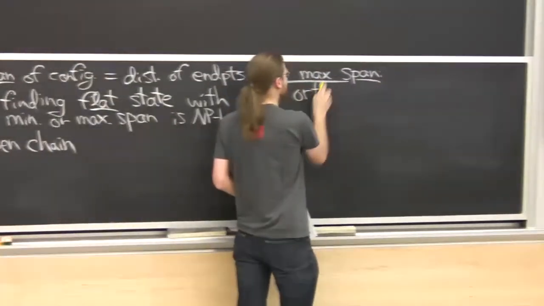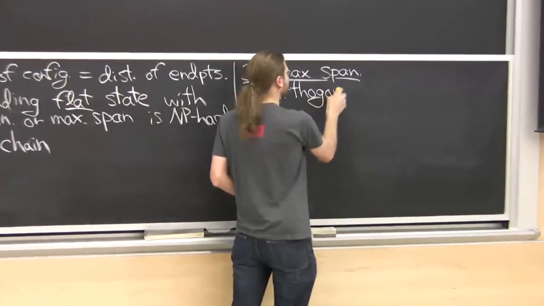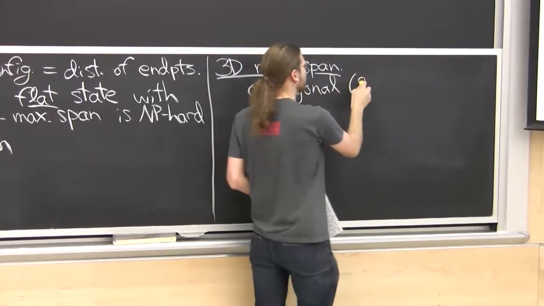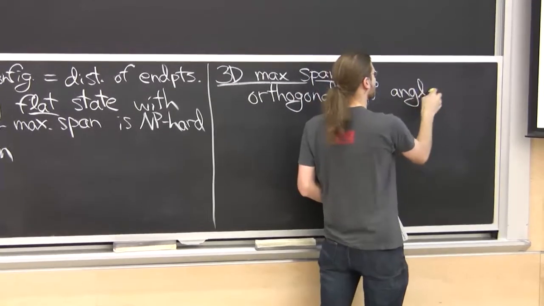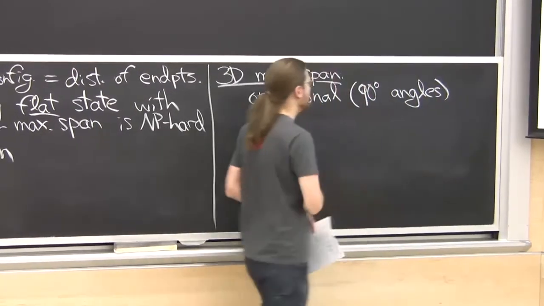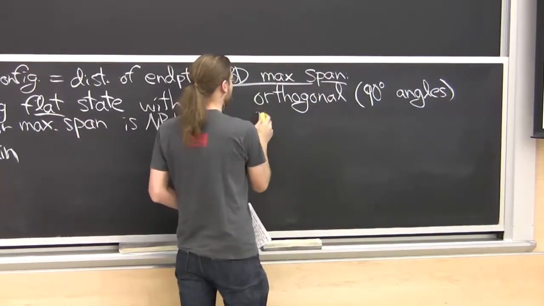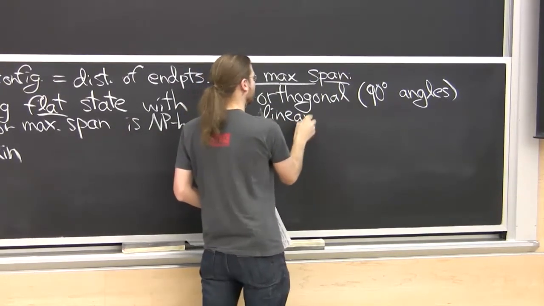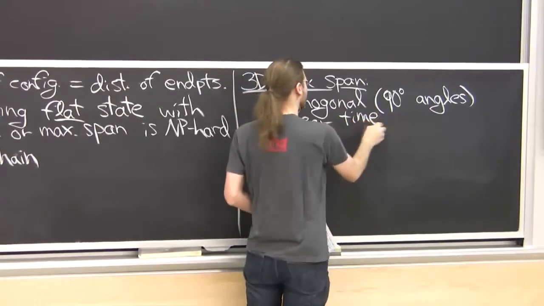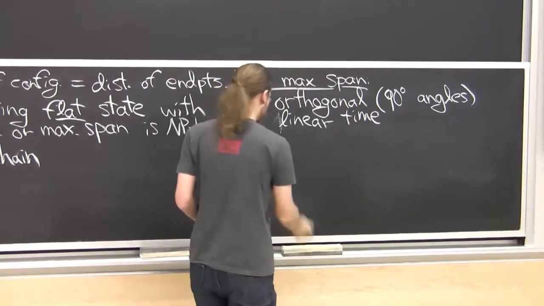But for orthogonal chains, where all the angles are 90 degrees, we can solve that in linear time, I guess. And here's what it looks like.